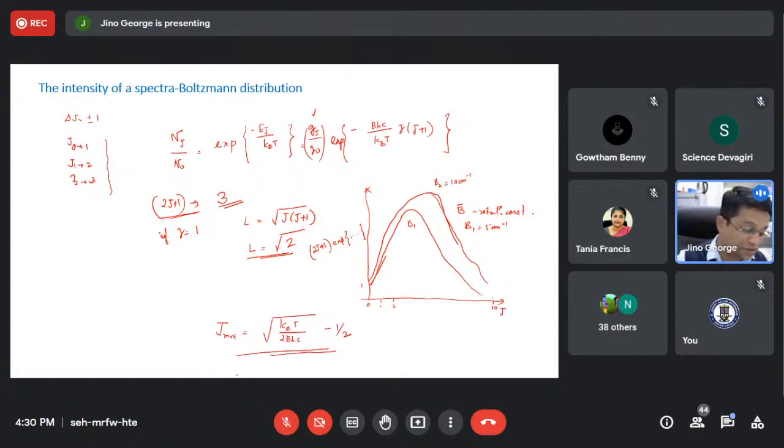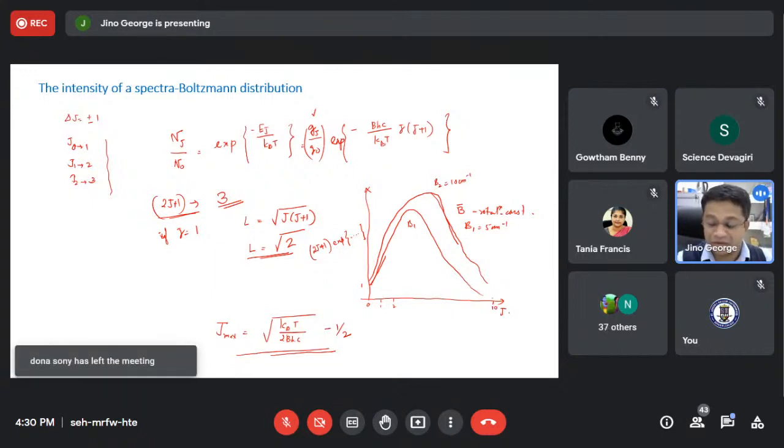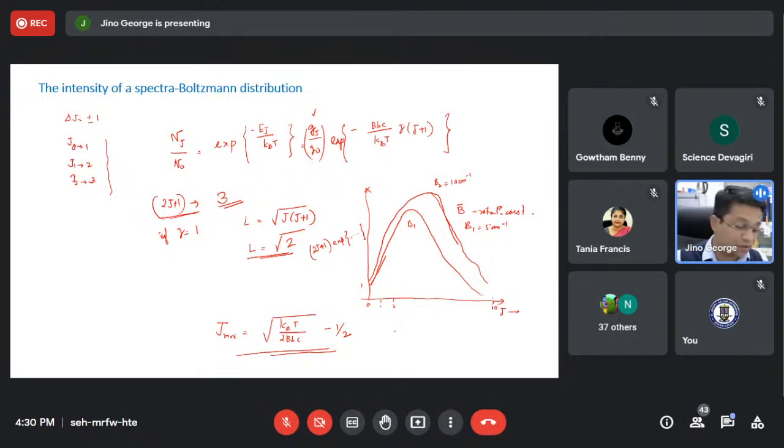It is just to differentiate the population density versus the rotational quantum number, assuming dP by dJ is equal to 0, and then you put in this expression and end up with this J max. So in principle, I can calculate the maximum available population of a given molecule and know exactly which rotational state will have maximum population density.